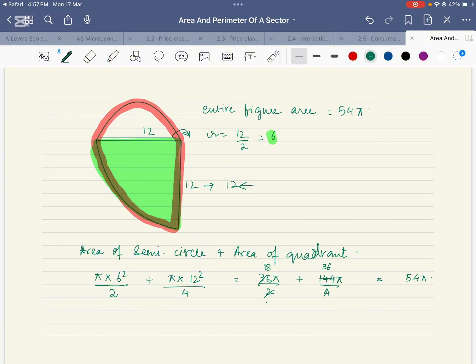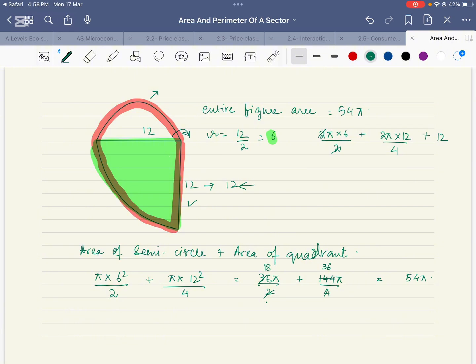So first we find out arc length of the semicircle, which is 2 pi r upon 2 because this is half circle, plus arc length of the quadrant, so 2 pi r upon 4 because this is 1/4 of the circle's perimeter, plus this line which is 12.